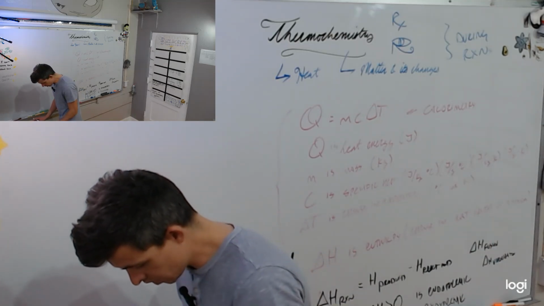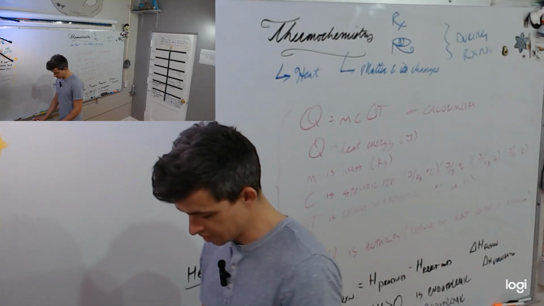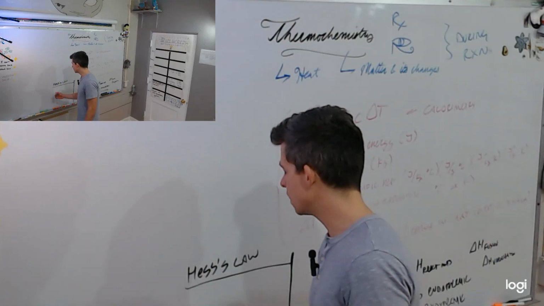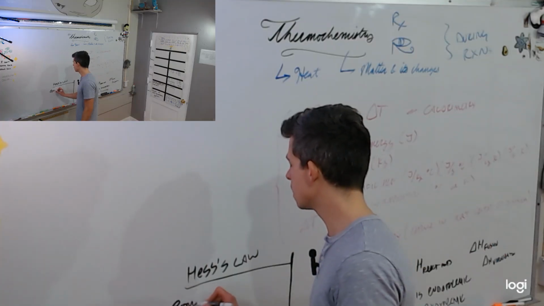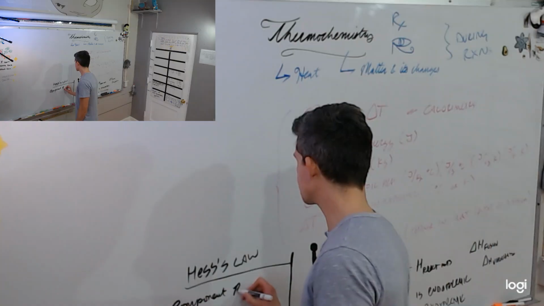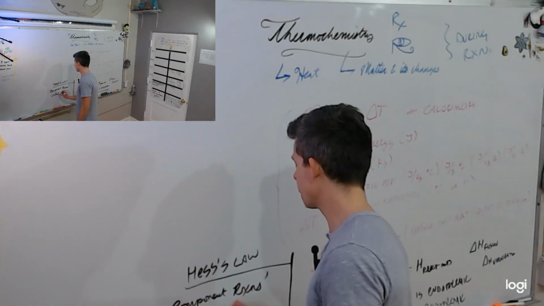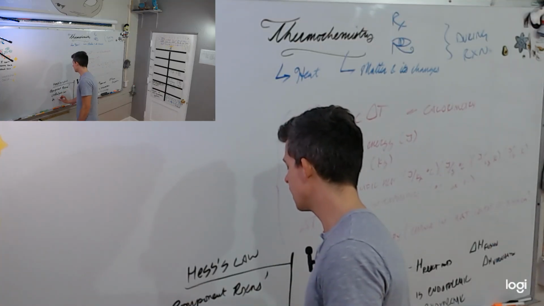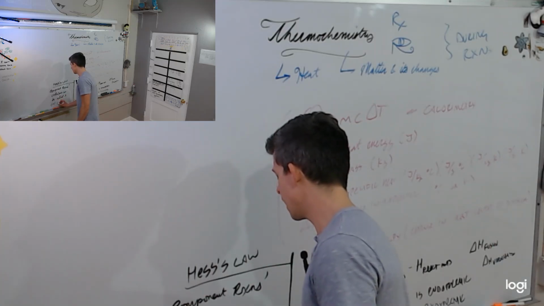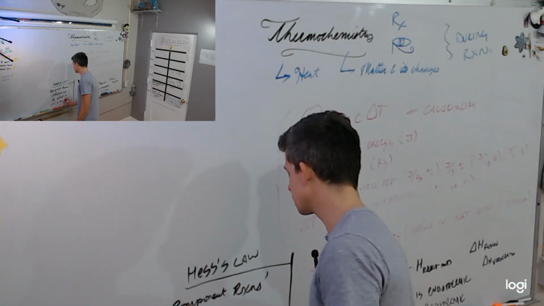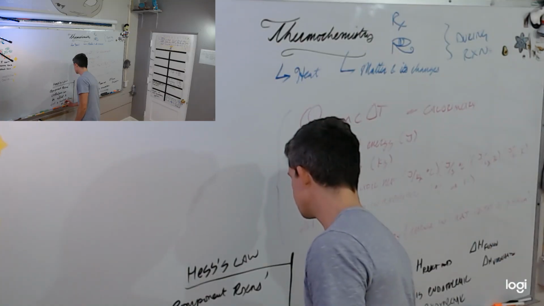Hess's law states that if you can add two or more thermochemical equations to produce a final equation, the sum of the enthalpy changes for the individual reactions is the enthalpy change for the final reaction. So let's phrase this a little more professionally: component reactions' enthalpies can be added to find a resultant reaction's enthalpy.